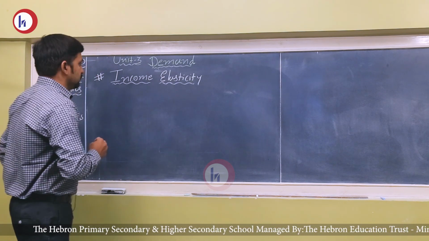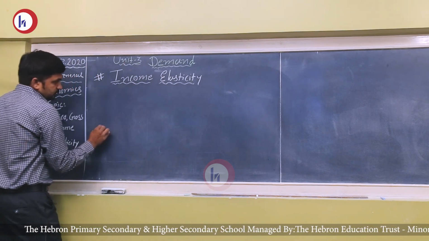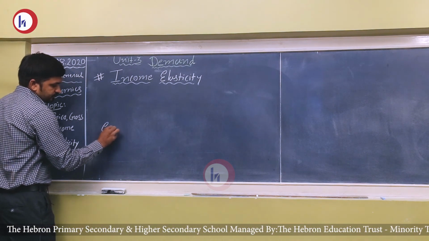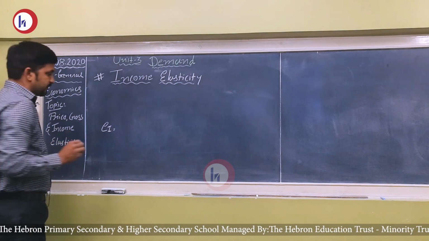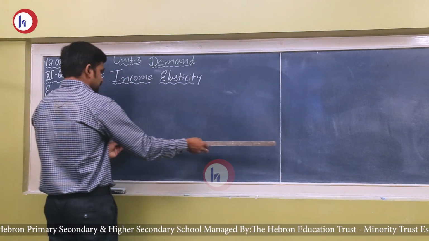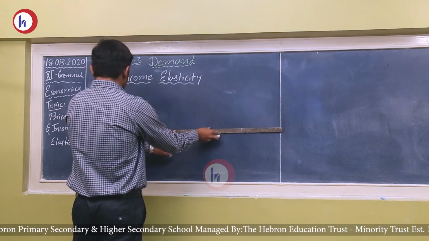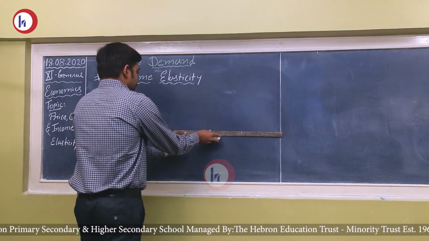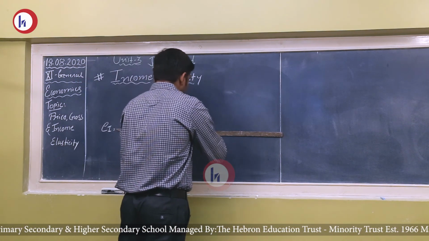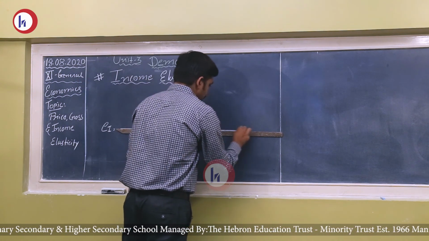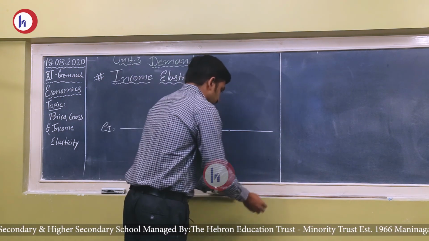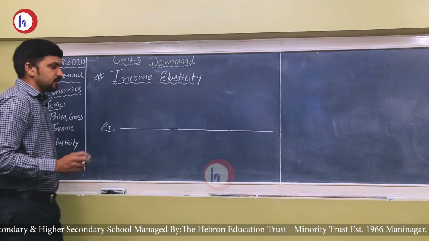But first of all, before we go for the definition, let us write the formula. And the formula is income elasticity equals percentage change in demand of the commodity upon percentage change in income of a consumer.